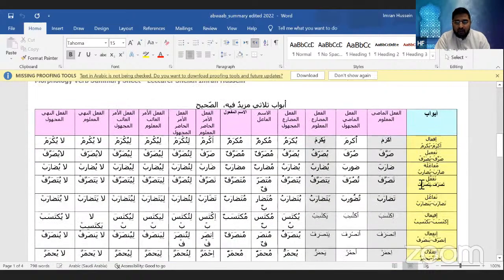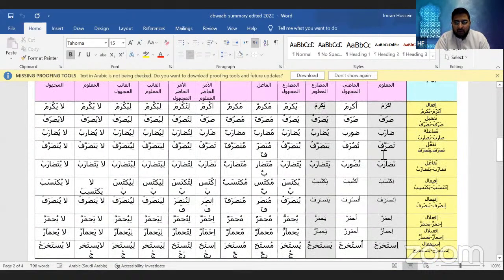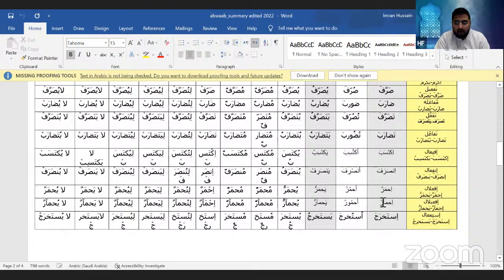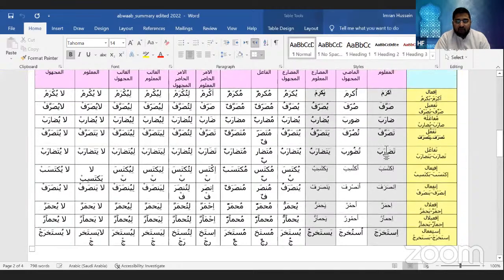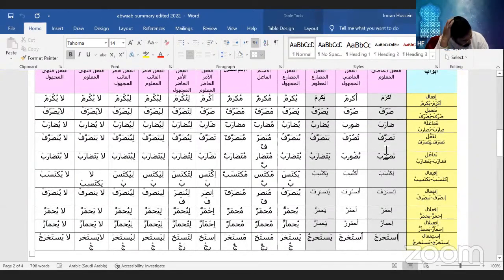These ones here: akrama, sarrafa, dharaba, tasarrafa, tadharaba, iktasaba, insarafa, ihmarra, istakhraja. These are the ones we need to work on to get through the basic verb conjugations, inshallah.